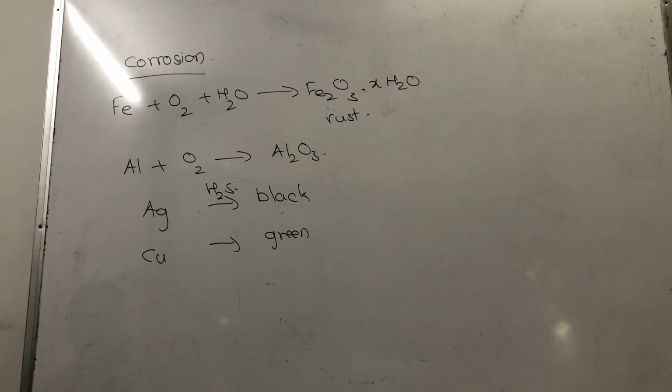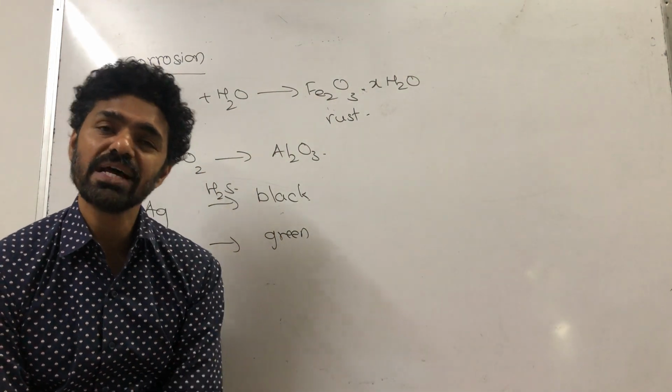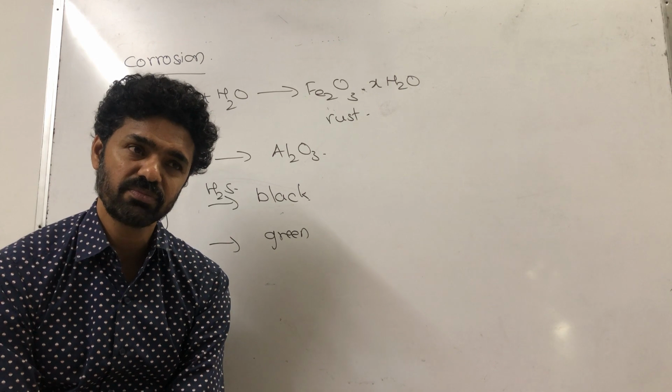Now, to prevent rancidity of fat and oil, we use substances which slow down the rate of their oxidation. Such substances which are used to slow down the rate of oxidation are called antioxidants.